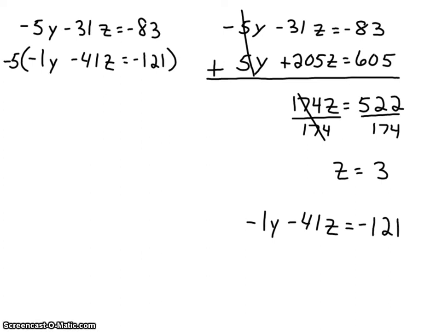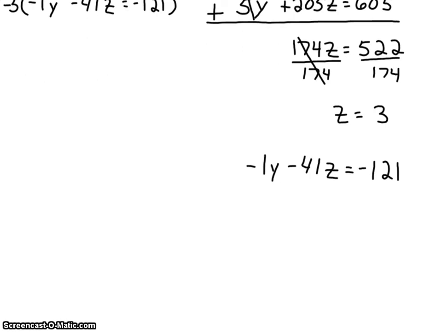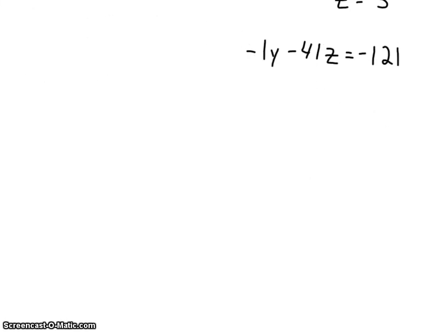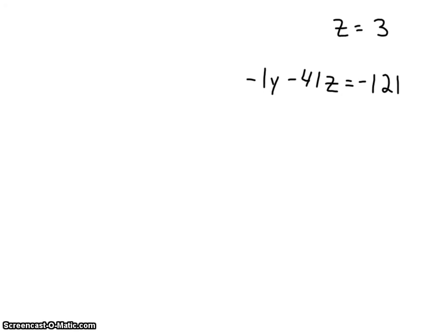This process right now is called back substitution because we are substituting our answers backwards. For example, we just found out that z equals 3. Now I'm going to substitute z into this equation, which contains two variables, in order to solve for y. So I just put 3 in for z.